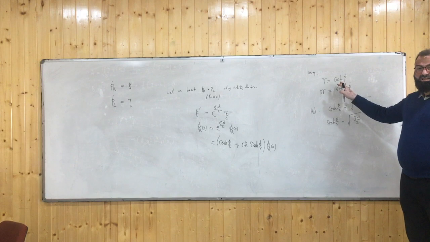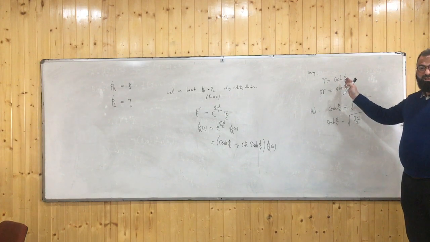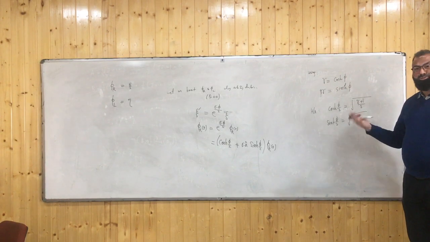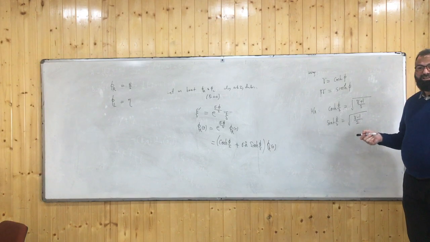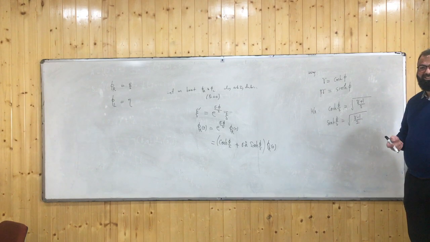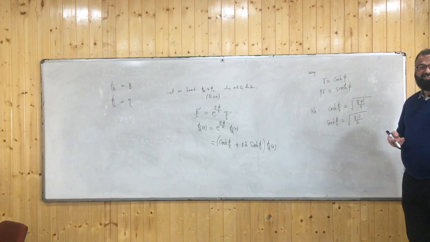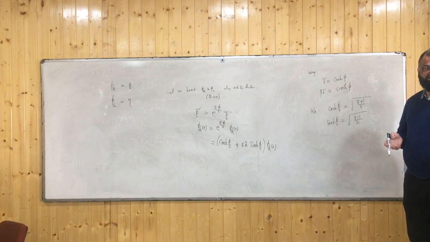If I have to write it in terms of half angles, what is cos 2 theta equal to? 1 plus cos of 2 theta is equal to twice cos square theta, is it?